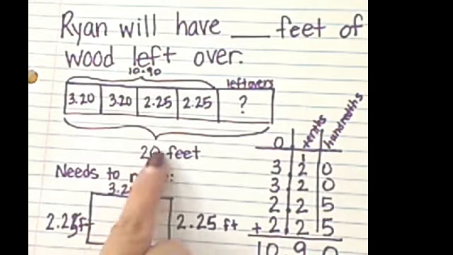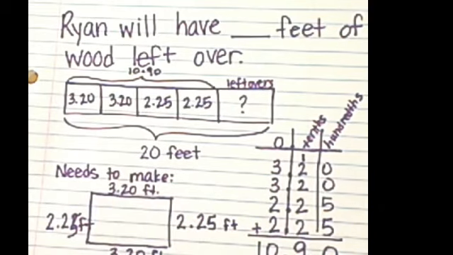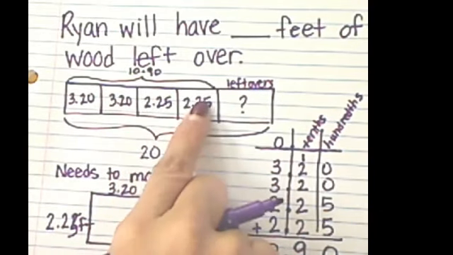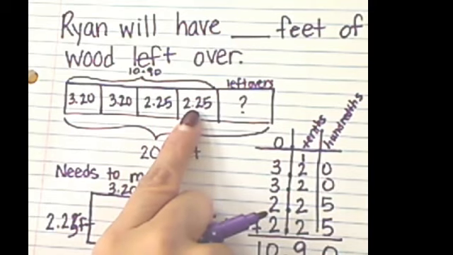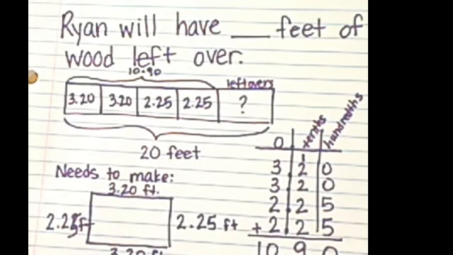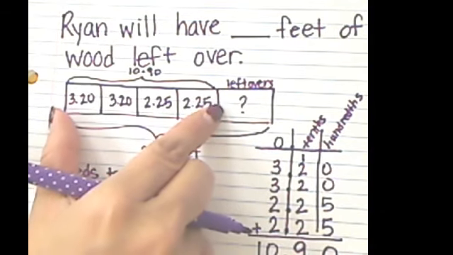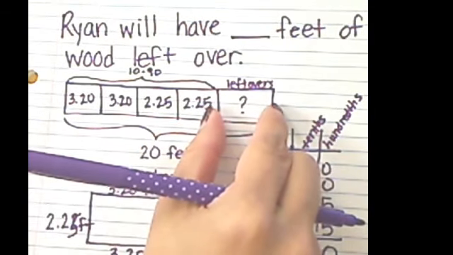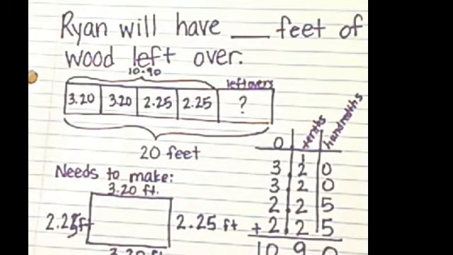Well, I know that's less than 20. 10 is less than 20. So if I use up 10 and 90 hundredths feet of wood, how much am I going to have left over? Well, we know that this much plus the leftover chunk is going to give you 20 feet. Let me just kind of scoot this up a little bit.